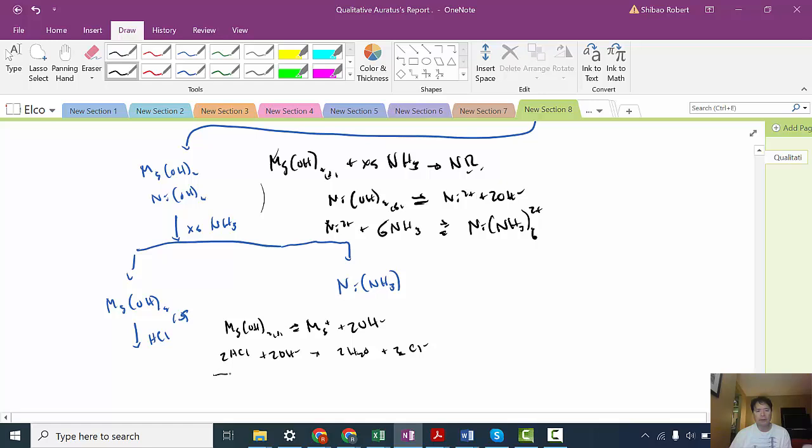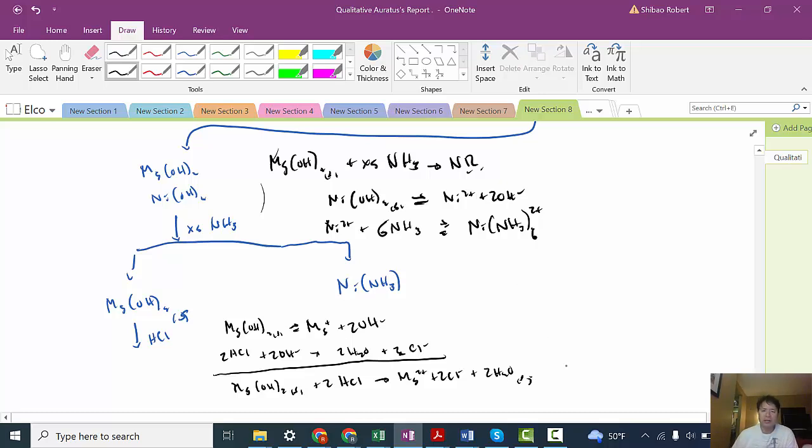And then we can combine these two. Combining these two, we'll have magnesium hydroxide solid plus two HCl's. Now the two hydroxides cancel out, and this is going to yield magnesium 2 plus two chlorides plus two waters. So this is like chapter 19 style way of doing it, or we could do a metathesis.